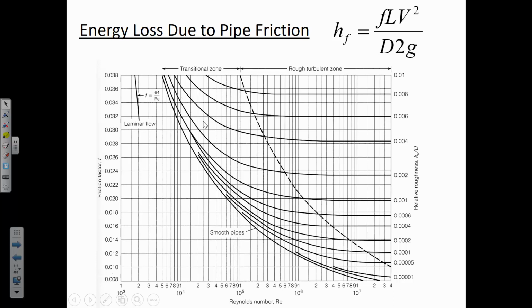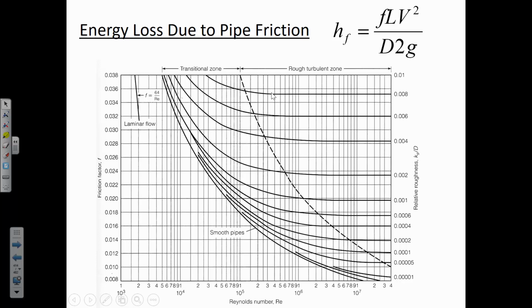And so it'll always be an iterative process, because what this Moody diagram is illustrating is that if the water is moving slowly, there's going to be a different roughness effect than if the water is moving quickly. This dashed line here is defining the different regions. One region that's called rough turbulent zone, and another one that's the transition zone. And what it essentially means is this curve is flat some of the time, meaning that in the flat zone of this curve, it doesn't matter what the Reynolds number is.